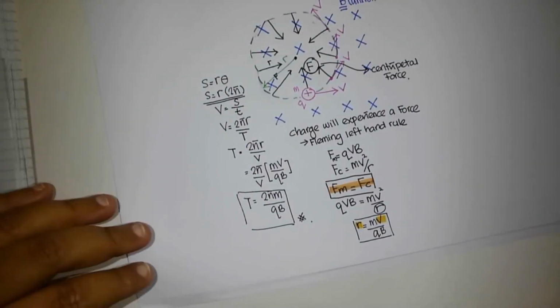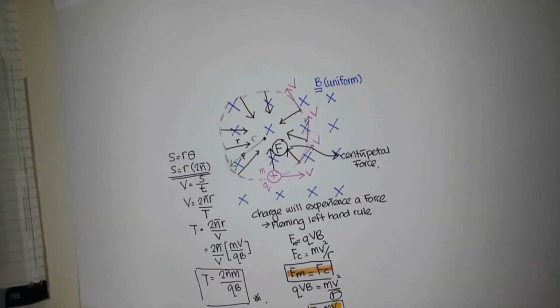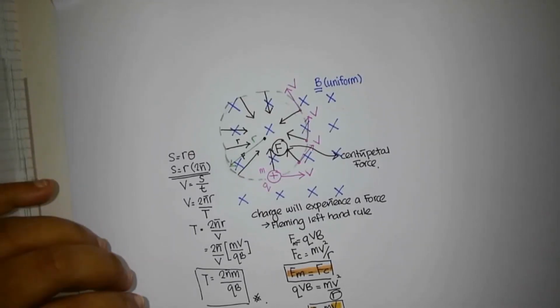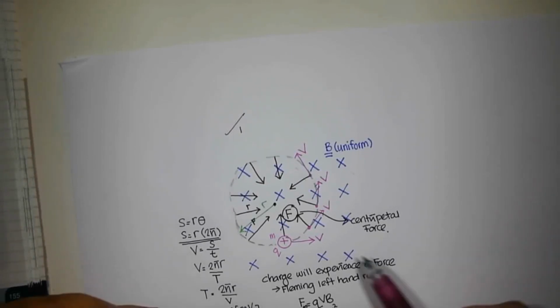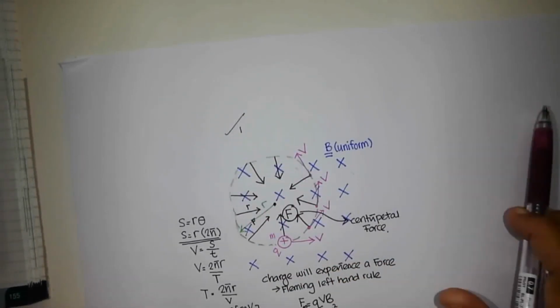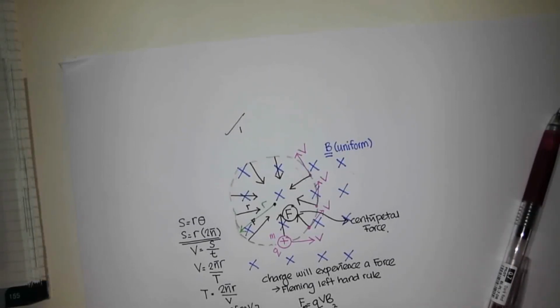Now the question is, what should I understand from this concept? Point number 1: when a charge moves in a magnetic field with a velocity v, the charge will move in a circular path. You remember when we studied the electric field, a charge moving in an electric field moves in a parabolic path.